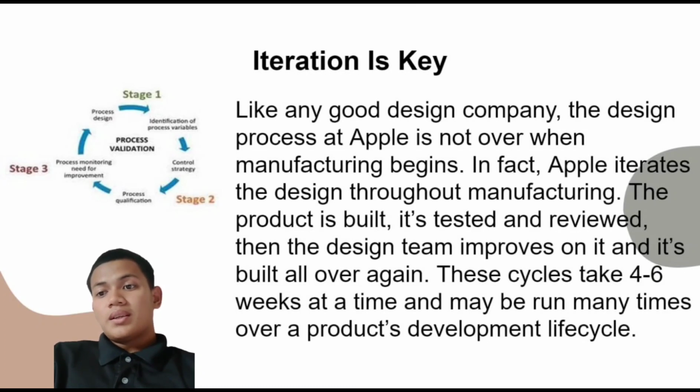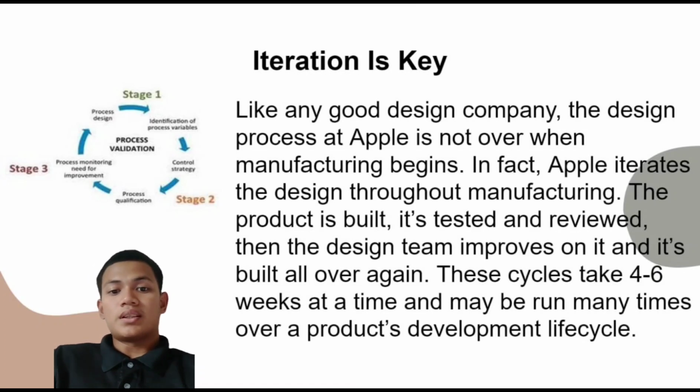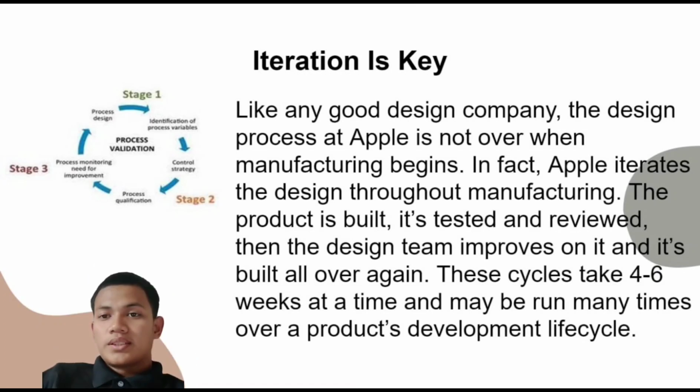Then the design teams improve on it, and it's built all over again. This cycle takes 4 to 6 weeks at a time and may be run many times over a product development life cycle. We can see the picture at the left, stage 1, stage 2 and stage 3. It is process validation.